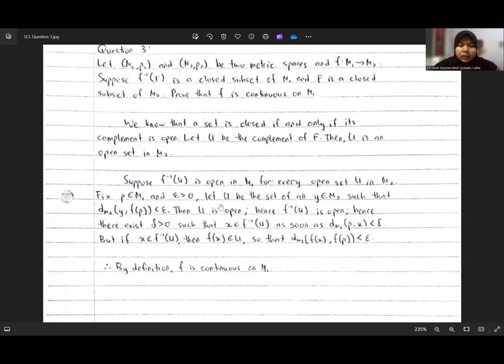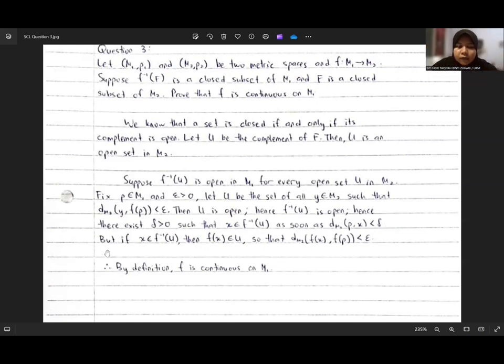Therefore, the inverse image of U is open in M1. This implies that there exists a delta greater than 0 such that it contains all points x in the inverse image of U as soon as d_M1(p, x) is smaller than delta.